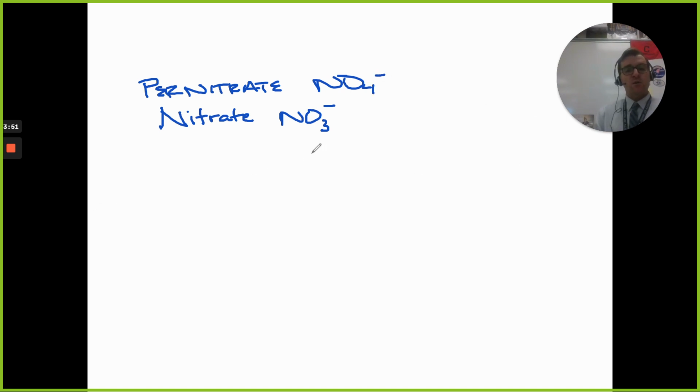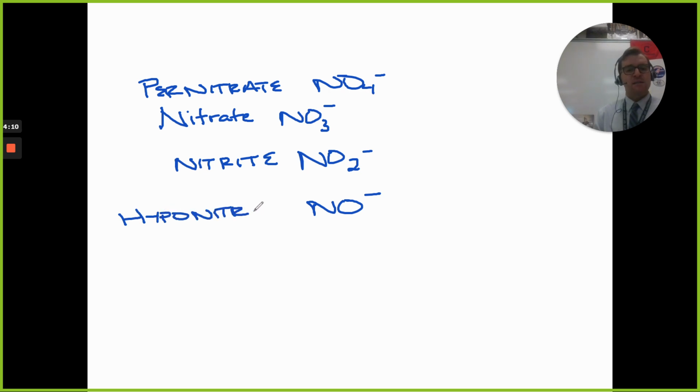We can also take away an oxygen and have NO2 minus. When we do that, the ending becomes ite, it becomes nitrite. We can also have two less oxygens, and it'd be NO, and that gets the prefix hypo, and that same ending of ite, hyponitrite.